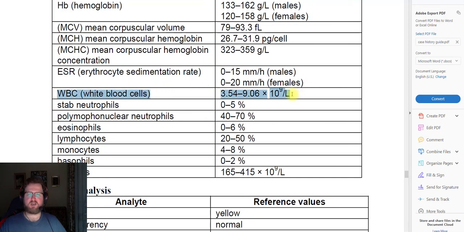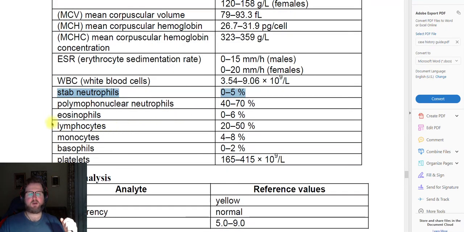But it's not going to be just an overall elevation. You will see an increased number of stab neutrophils. These are young forms of neutrophils which are overproduced by the organism very rapidly as a rapid response to acute inflammation, and you're going to see that if the patient has this condition.